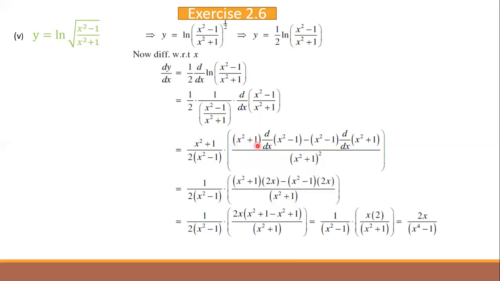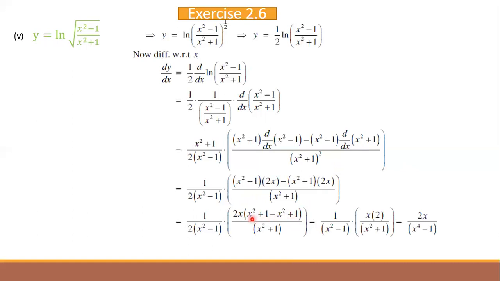Now x square plus 1 and the derivative of x square minus 1: the derivative of 1 is 0 and the derivative of x square is 2x, so 2x minus 0 means 2x. Then x square minus 1 as it is, and the derivative of x square plus 1 is 2x plus 0. Taking 2x common, we get 2x into x square plus 1 minus x square plus 1.